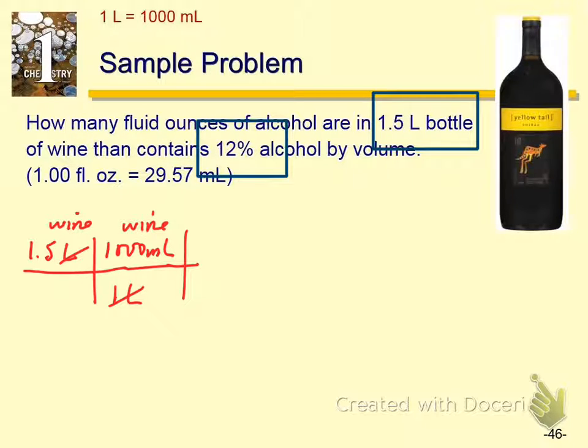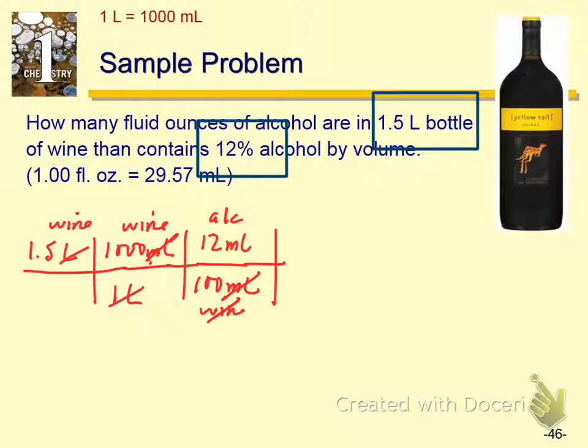I would be tempted to just keep the 12 there and say that there's 12 milliliters of alcohol per every what? 100 milliliters of wine. And the milliliters are going to cancel out of wine. Now I have milliliters of alcohol.